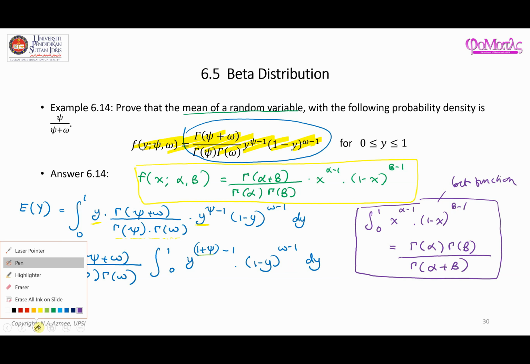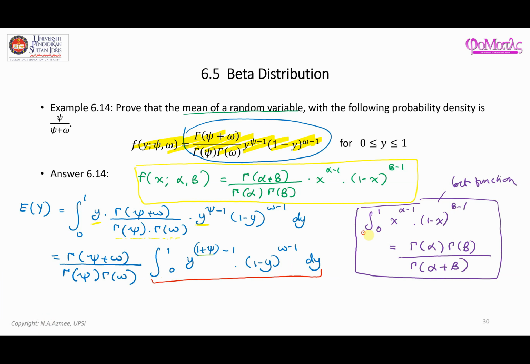Notice the similarity between this part here and the beta function. Of course, we have y here and x there, but it doesn't matter because the result depends on alpha and beta. We have alpha minus 1, but at this position we have something minus 1. At this position we have beta minus 1, and at this position we have omega minus 1.